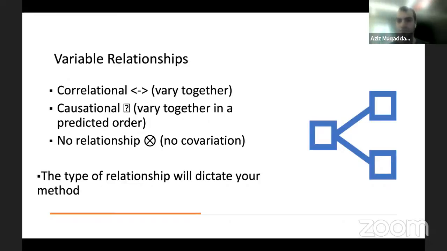Causation. So causation is actually one form of correlation. Two things vary together, but in a predicted order. So it's not only that two things change at the same time, but we know, or we assume we know, which one changes the other, right? So increased exposure to the sun could get you sunburn, right?